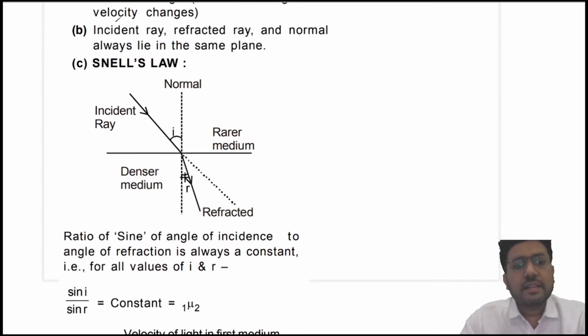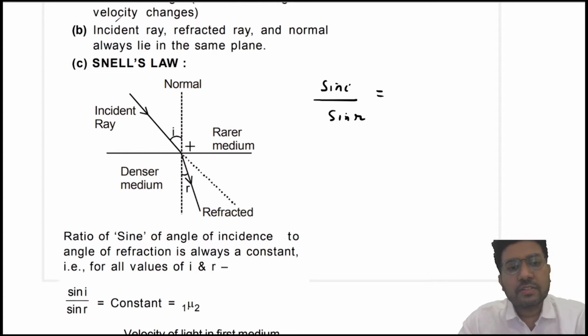Then there is the angle of refraction, which is represented by R. Snell's law states that the ratio of sin I to sin R is a constant which depends on the two media, and this is equal to mu 2 1. This can also be written as mu 2 by mu 1. So you will write mu 1 sin I is equal to mu 2 sin R.